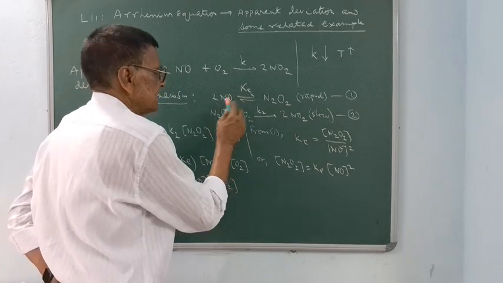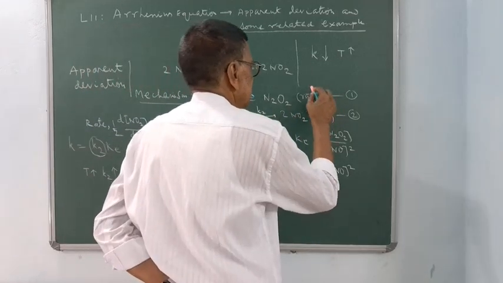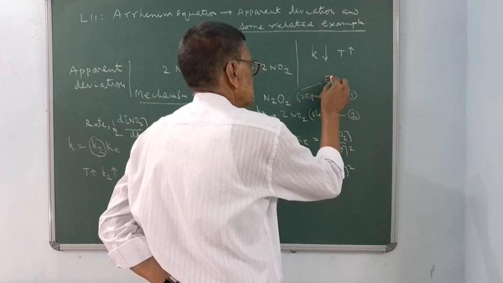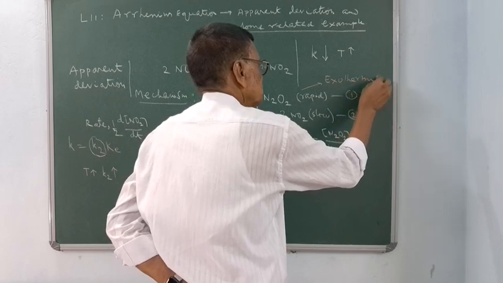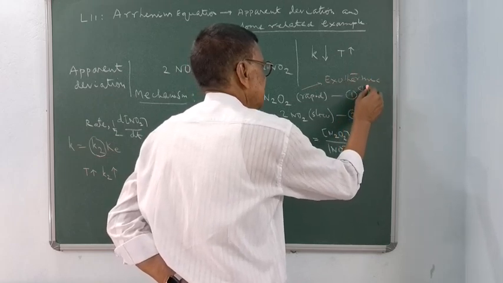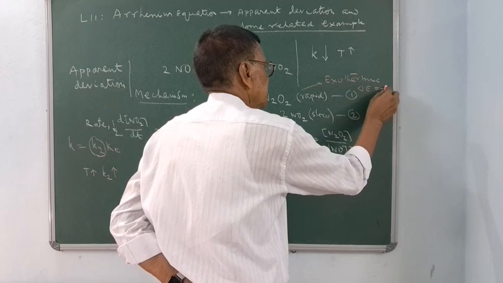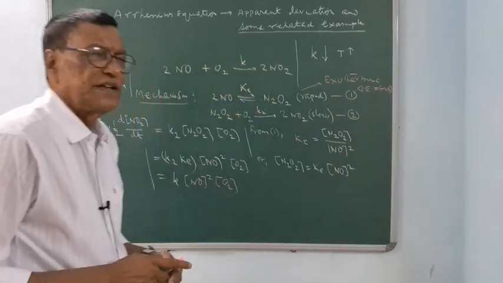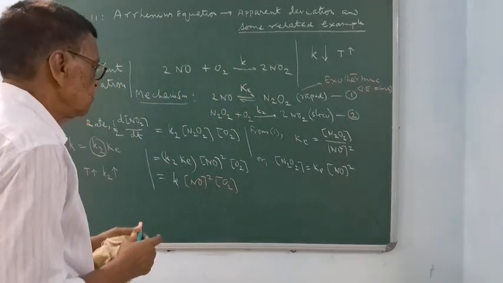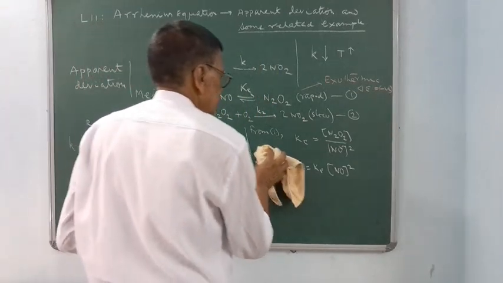So this reaction is exothermic. Exothermic means delta E is negative. We can recall the van't Hoff equation.